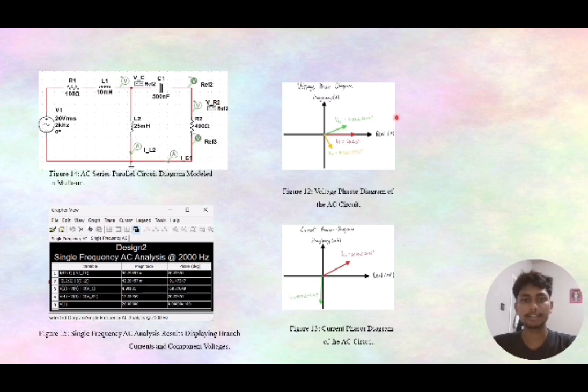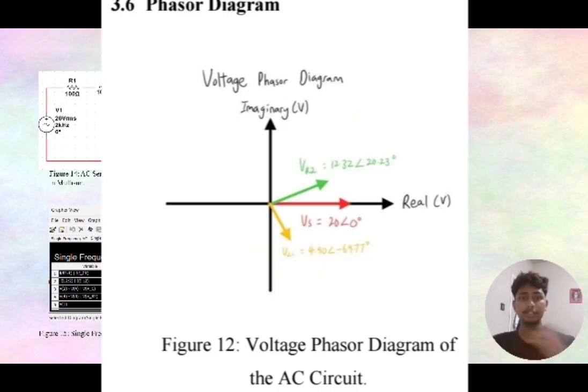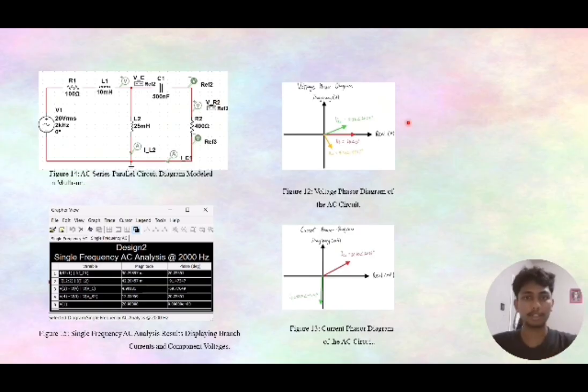Here we can see the voltage phasor diagram illustrates the phase relationship between the source voltage, the resistor voltage, and the capacitor voltage. Each phasor has both a magnitude and a phase angle, allowing us to visualize how the AC voltages are related.